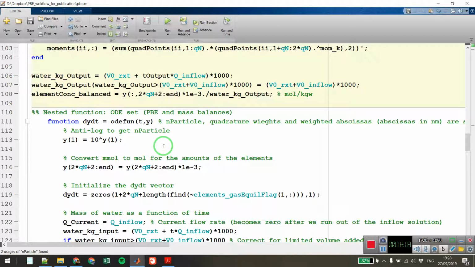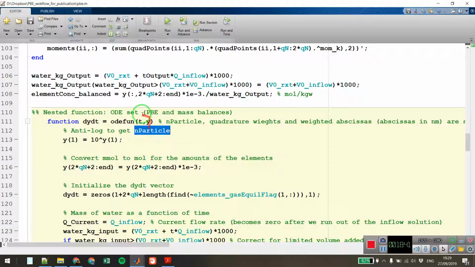variables. And everything here is somehow either scaled or scaled and log transformed for robustness reasons. For example, the n particle is not directly followed as a function of time. We are following the log 10 of n particle as a function of time.